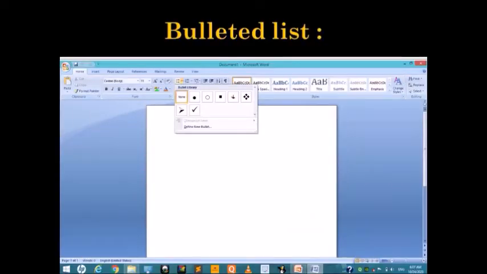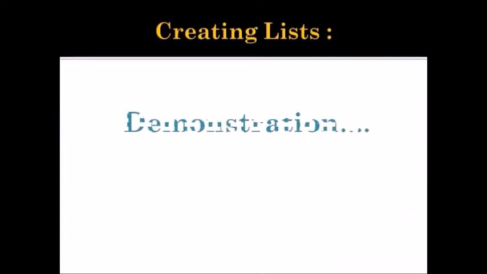Look here, these are the symbols: circle, square, diamond, check sign. These are the symbols used in an unordered list. Let's practically demonstrate creating a list in the form of a number list and a bulleted list.